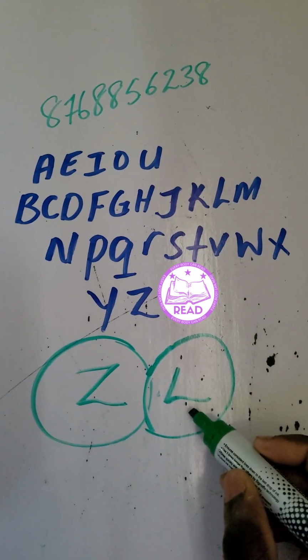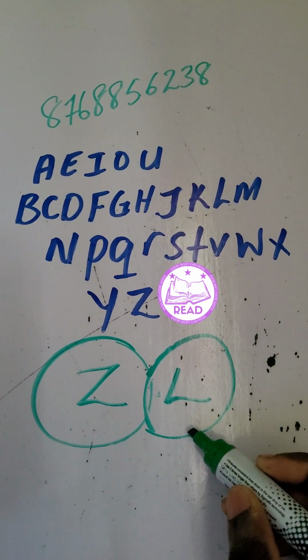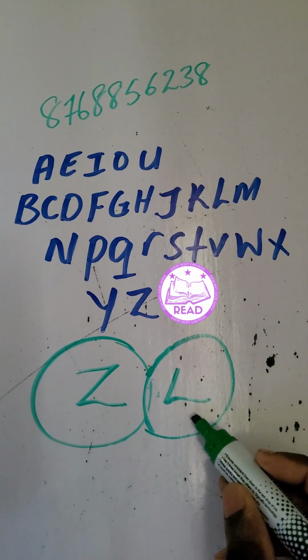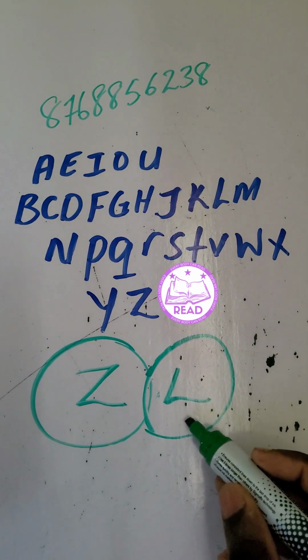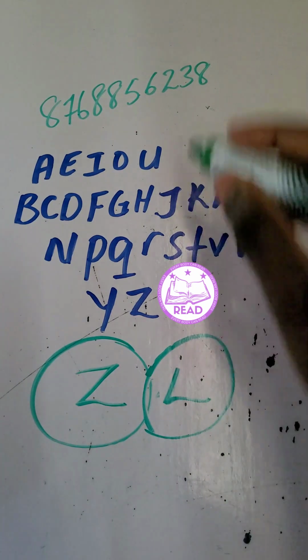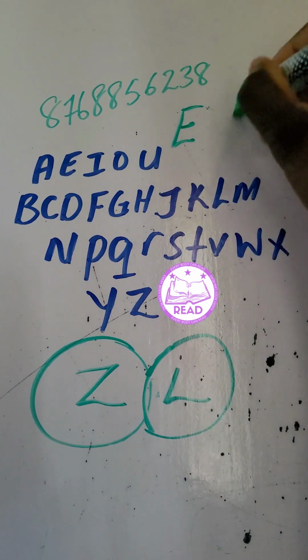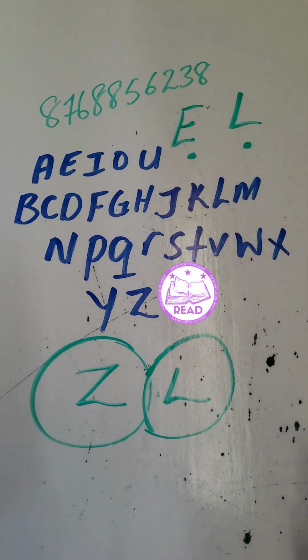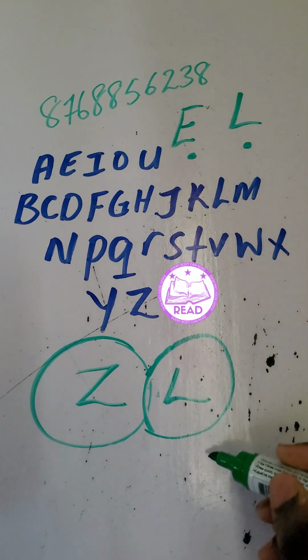Now another letter has a name. This letter has a name, which is L. You know what most people also don't know? That every single time you say L, you are putting two pronunciations together. You are putting two sounds together to get this name right here.